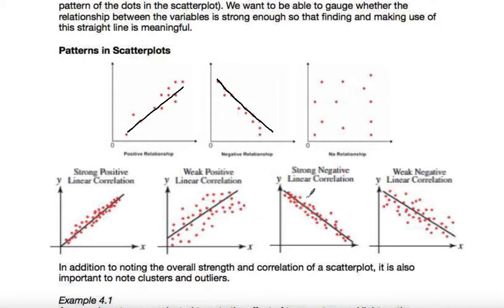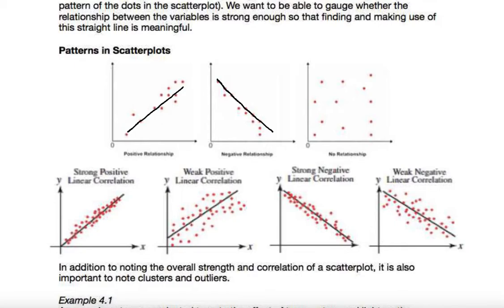Same thing with negative relationships. So if we see that our scatter plot dots are very close, but they seem to be going down, then that means we have a strong negative linear correlation. And if we see that our points are kind of spread out a little bit, but still going down, we have a weak negative linear correlation.